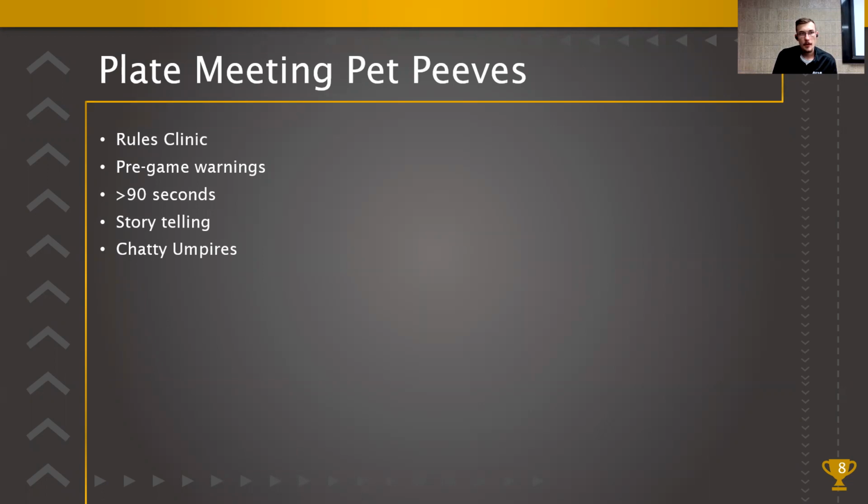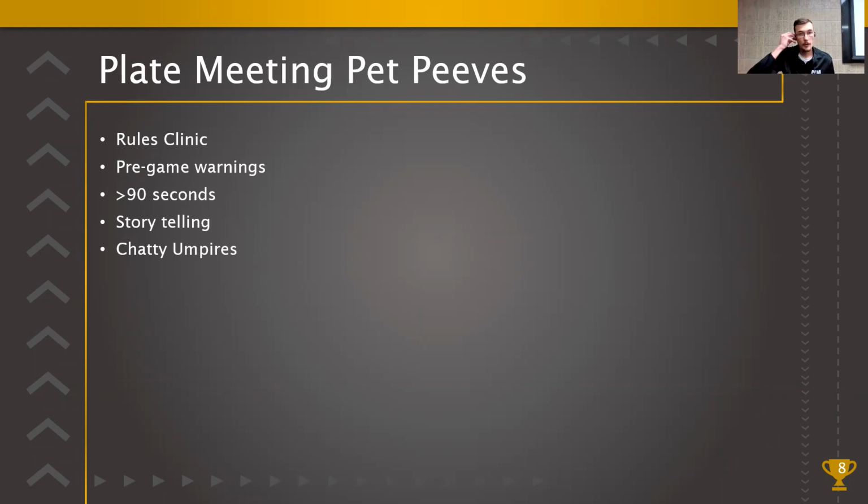If you let the plate umpire do the plate meeting and the base umpire just stands there, observes, listens, and is engaged with the conversation, that looks great for the crew. If I'm working with an umpire that's new and I'm the base umpire, yeah, I've done this for 14 years and I've done a lot of plate meetings.